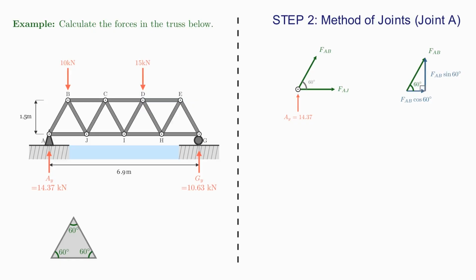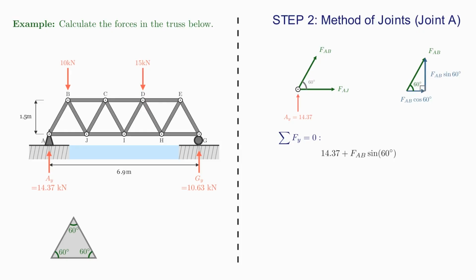Now we can take the sum of the forces in the y direction, remembering that these add up to 0. Again, anything going upwards is positive and downwards is negative. Acting in the y direction at joint A, we have 14.37, which is positive as it goes up, and we also have FAB sine 60, the vertical component of FAB, which is also positive.